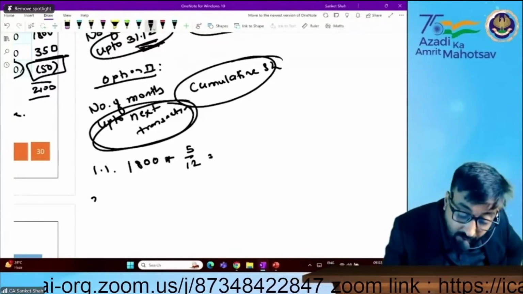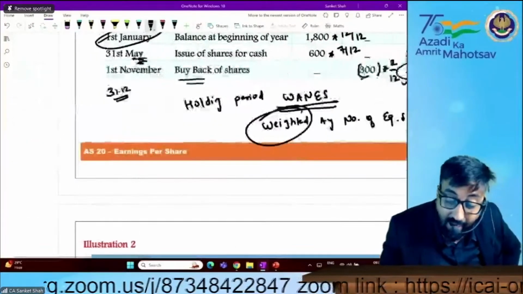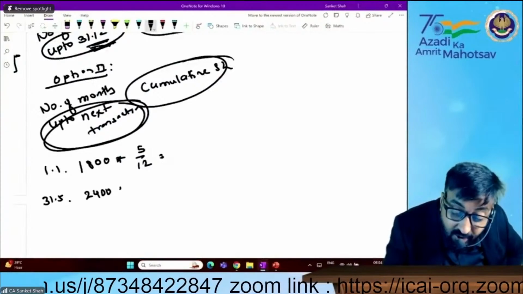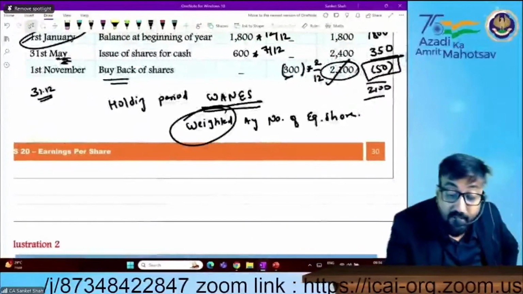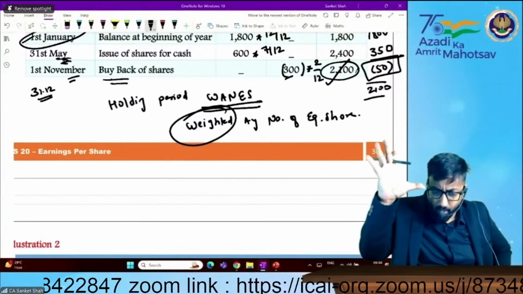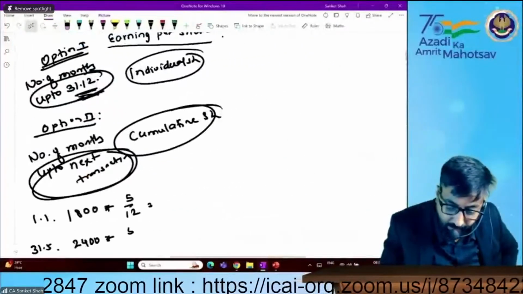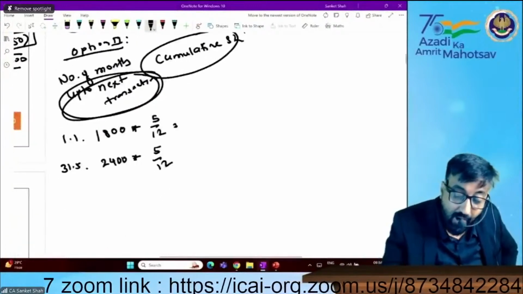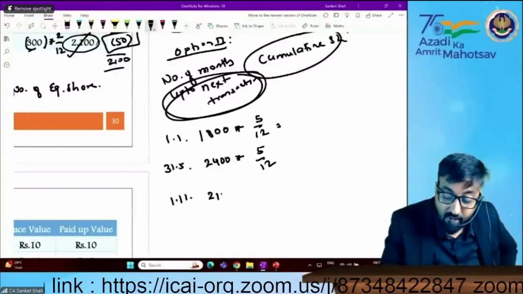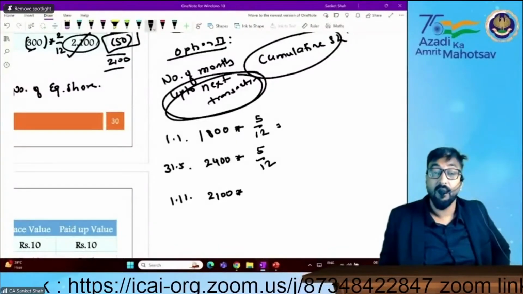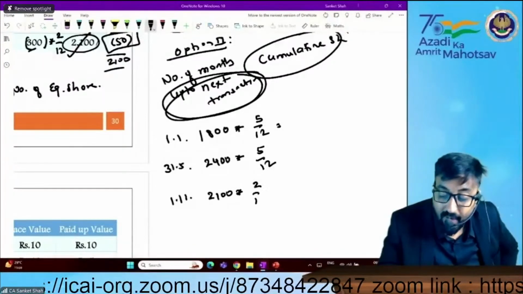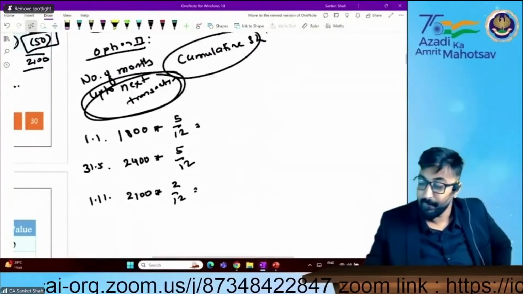Then on 31st May, I have 1800 plus 600, so 2400 shares, but up to 1st November: June, July, August, September, October, the next 5 months. And on 1st November, I withdrew 300 shares, so 2100. Now I have minus 300 shares for how many months? For 2 months, November and December.